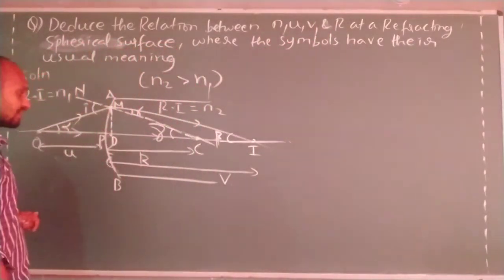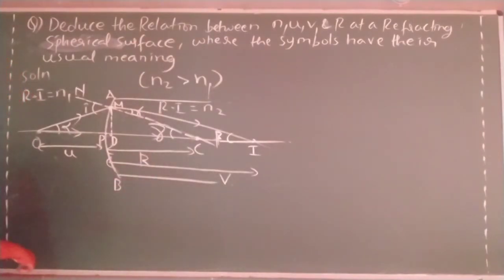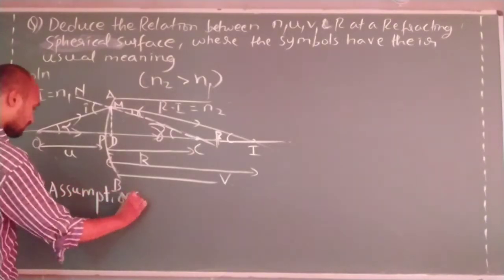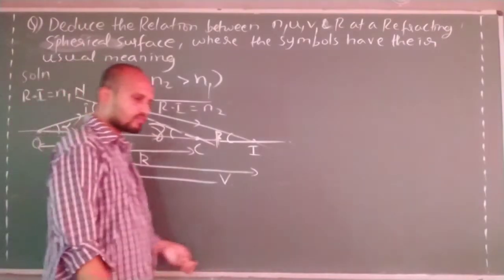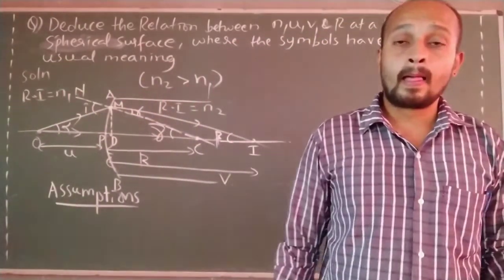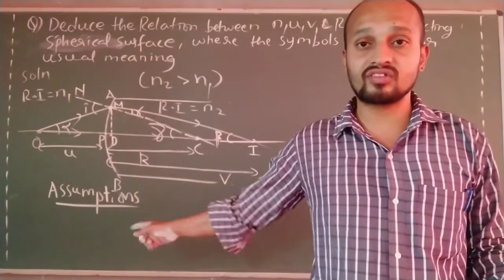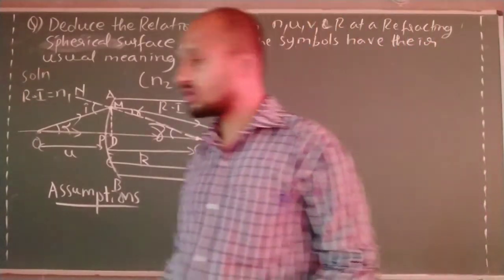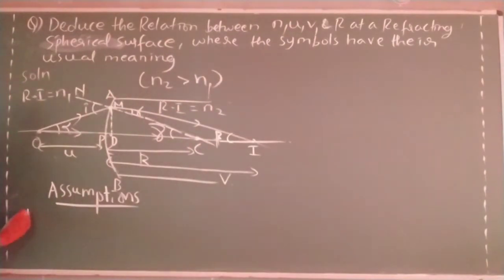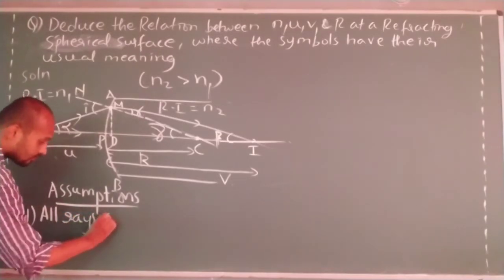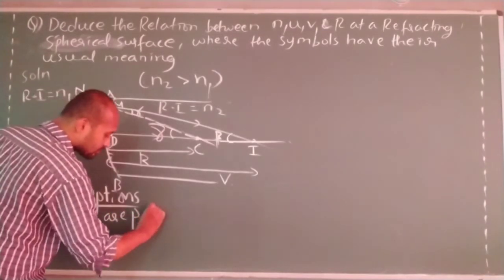Before finding this relation, we have certain assumptions here. Based on these assumptions, in the derivation, I will take certain conditions. First assumption, all the rays are paraxial.